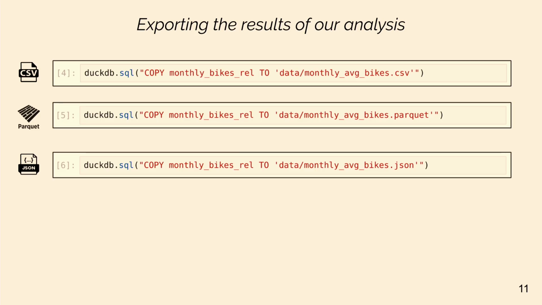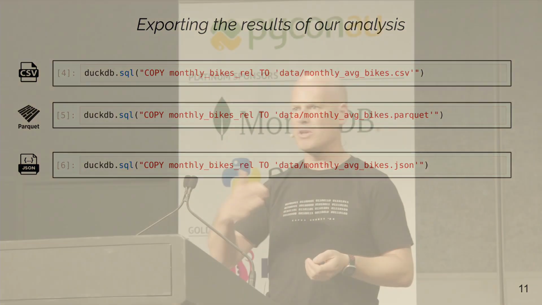I can target a CSV file by just saying .csv file. If my intent is to write to a Parquet file, I just put .parquet at the end. Equally, if my goal is to write some JSON, I just copy it into .json. DuckDB takes care of a lot of the boilerplate code around encoding that. Out of the box it works simply, but sometimes we want to do some overrides.